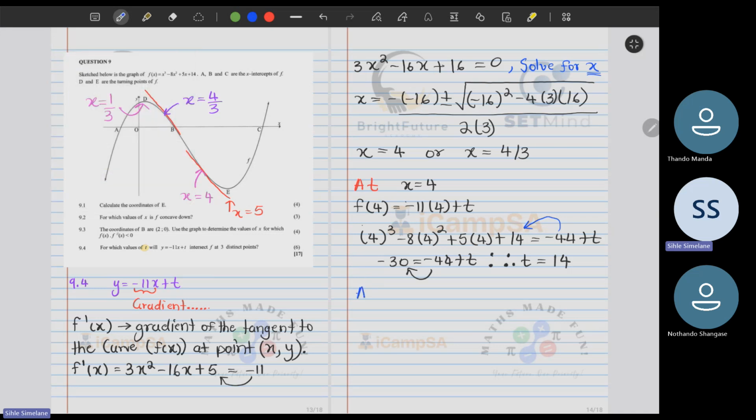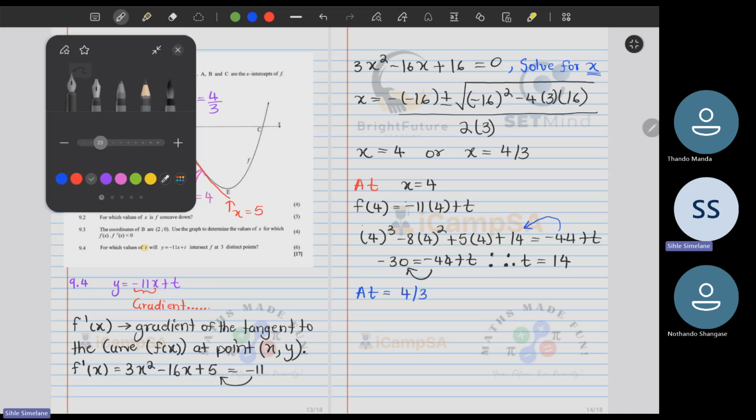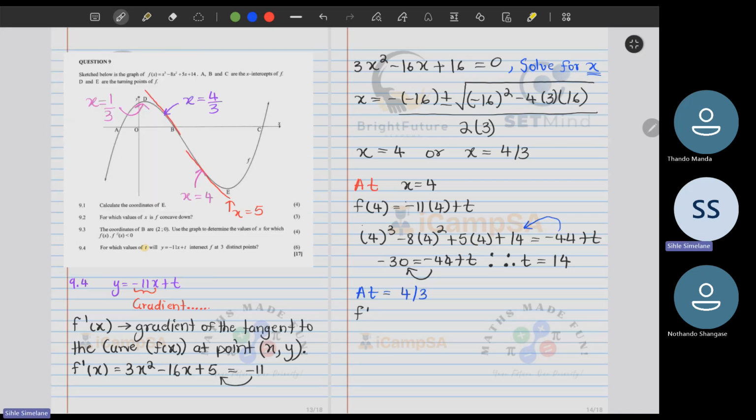Then let's go now at the other point, which is 4 over 3. So what I'm going to do is f of 4 over 3, and this will be equal to negative 11 times 4 over 3, then plus t. So I need you guys to do f of 4 over 3. What does that mean?